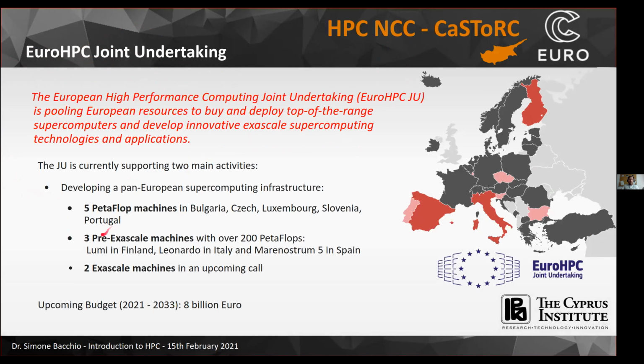Up to now, it has funded 5 petaflop systems, the ones in light red on the map, and 3 pre-exascale machines that are going to be in Spain, Italy, and Finland. And in 2023 or later, we will probably have the first exascale systems announced, for which a call will be opened soon by EuroHPC and which will be announced maybe in a couple of years.